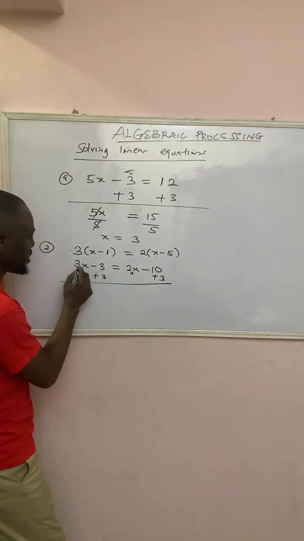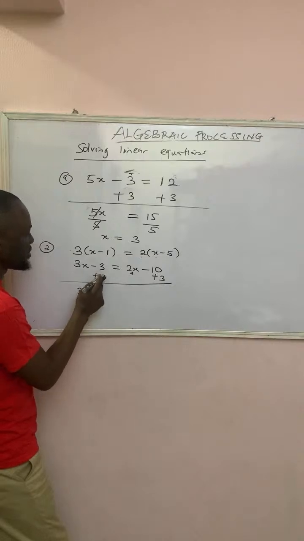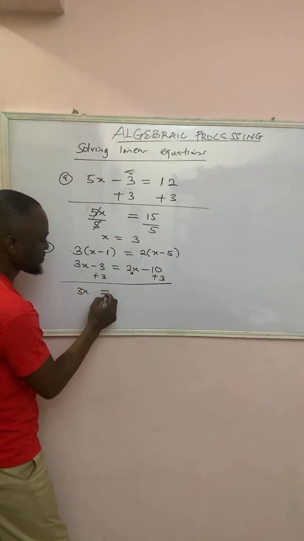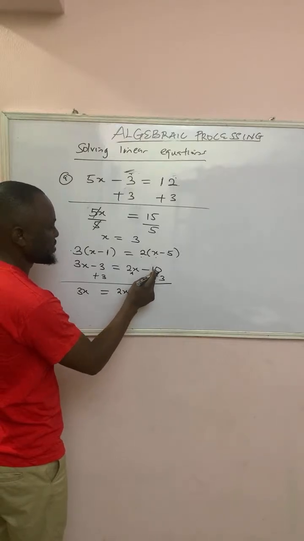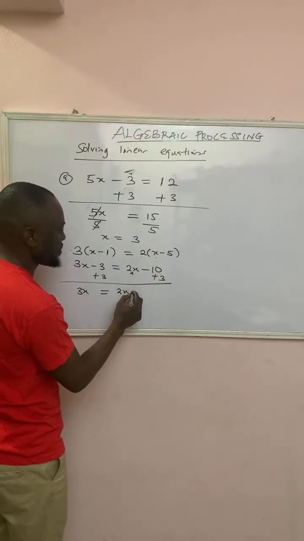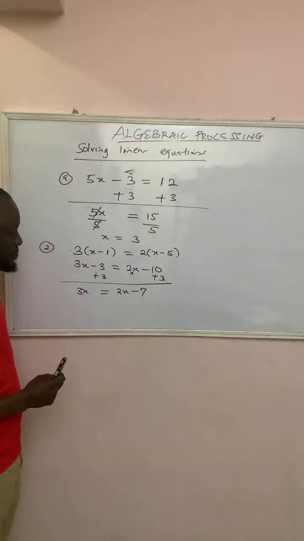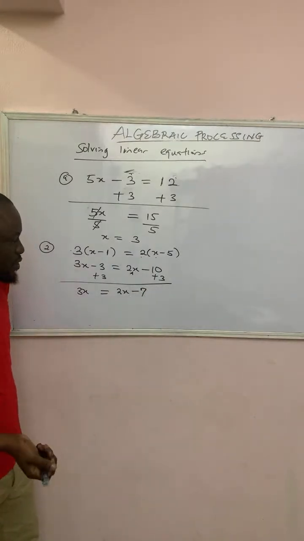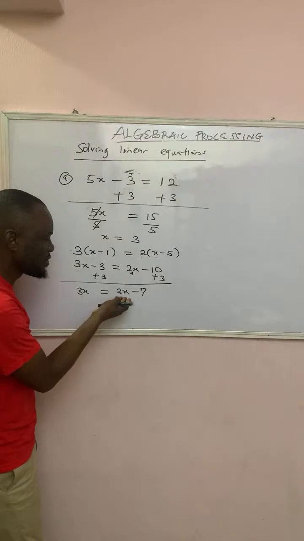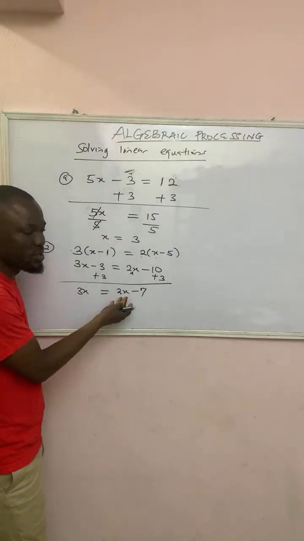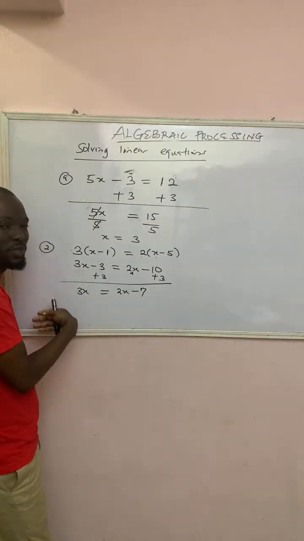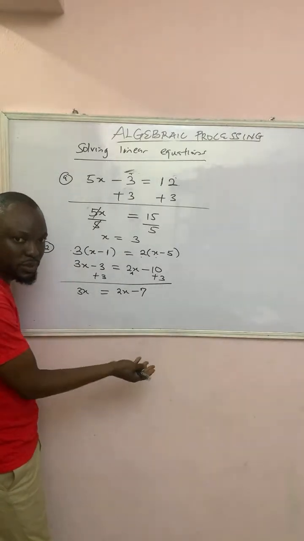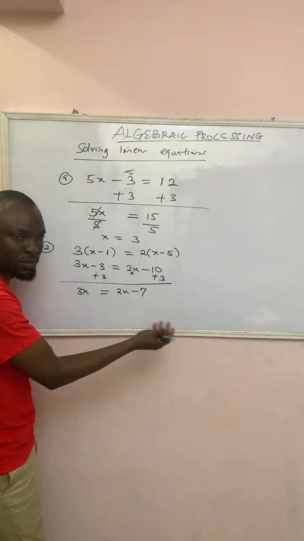So I'll bring down 3x, 3 minus 3 is 0. So this will be 2x minus 10 plus 3, which will give us minus 7. All right. Now I'm not done yet. I want to get rid of this because I don't want 2x to be on this side. 2x has to be on the other side because all the variables will be on one side and all the numbers on the other side.